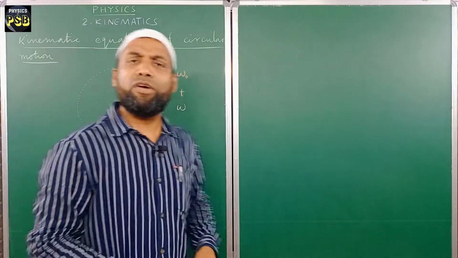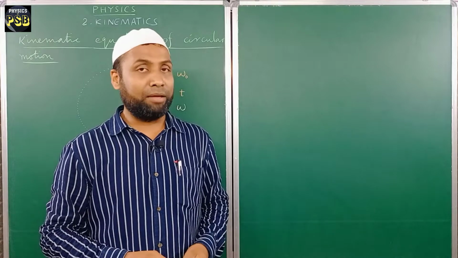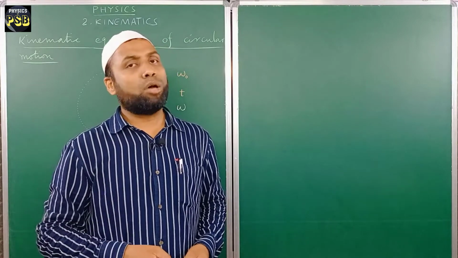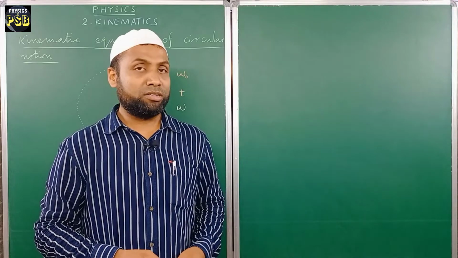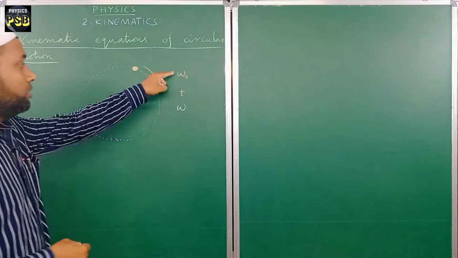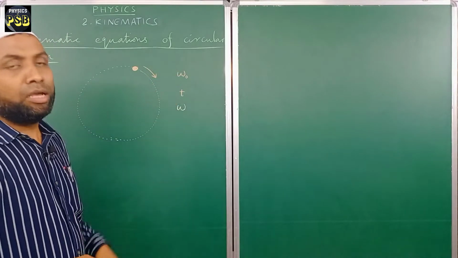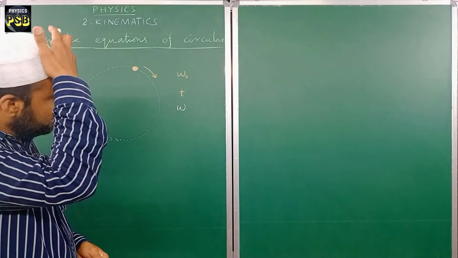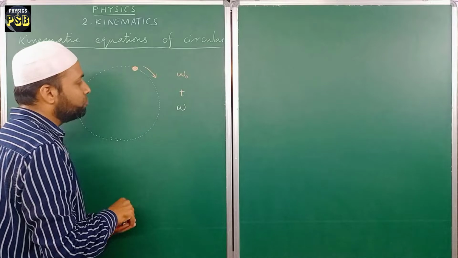We know whenever the velocity of an object changes with time, the object is said to possess acceleration. That means the object is getting accelerated. So here the variation in the angular velocity with time is referred to as angular acceleration, represented by the letter alpha.